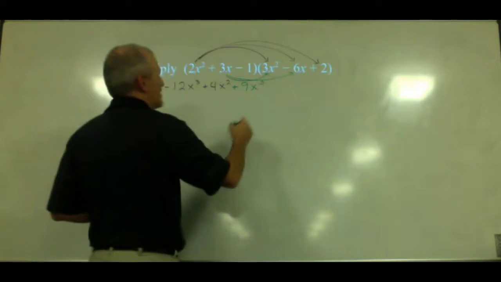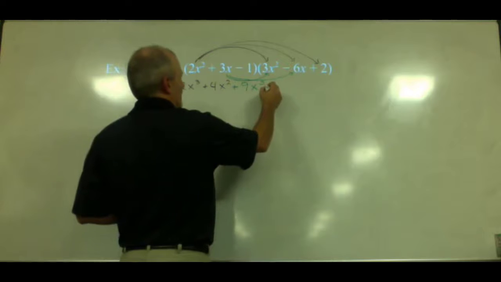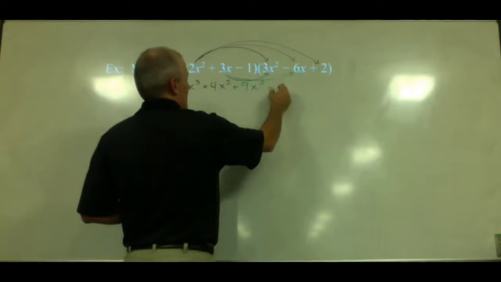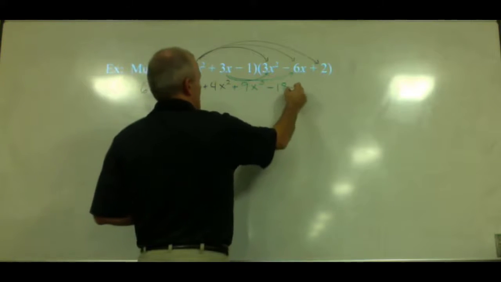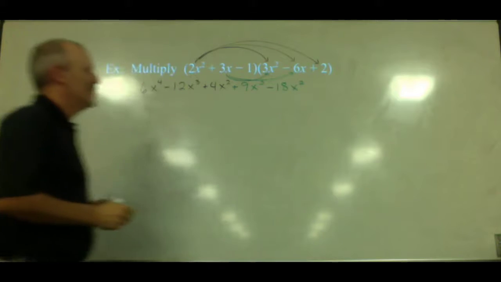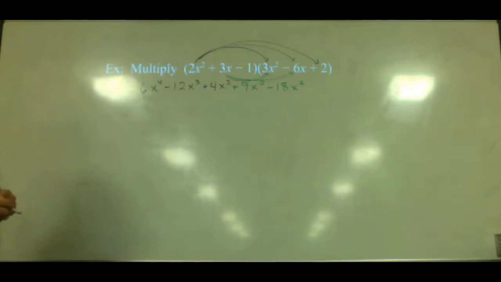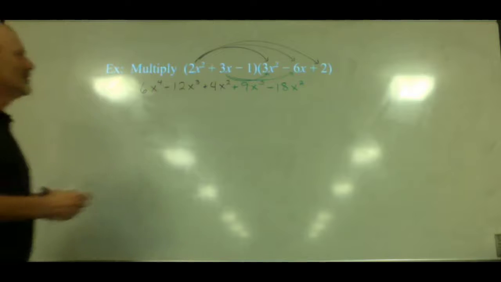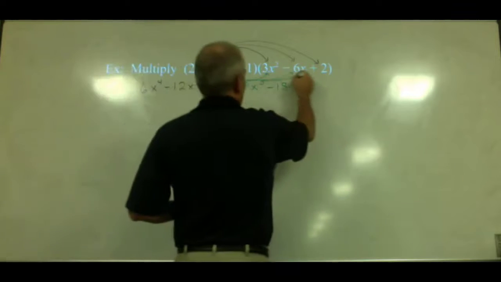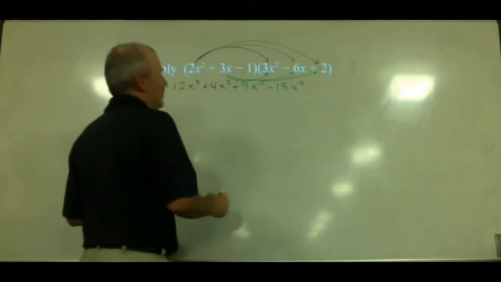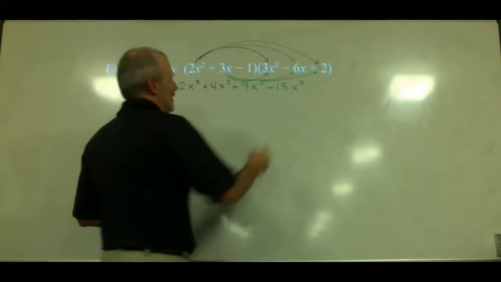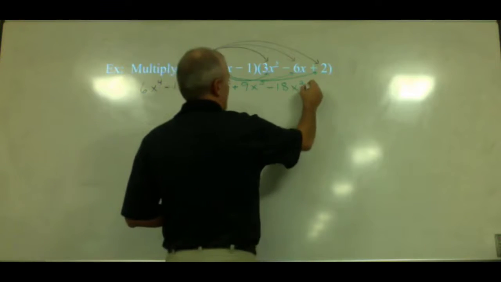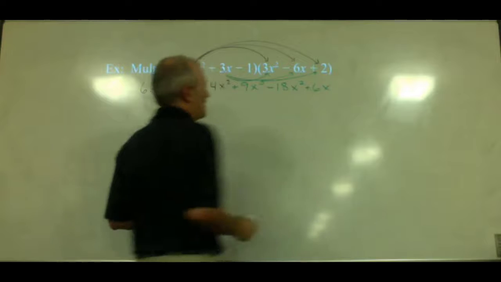And what does that give us? Negative 18x squared. Correct. And then what else should we do after that? 3x times the 2. And what do we get when we do that? 6x. Correct.